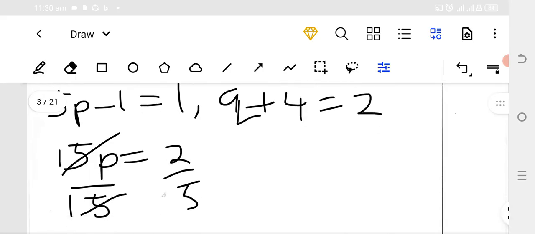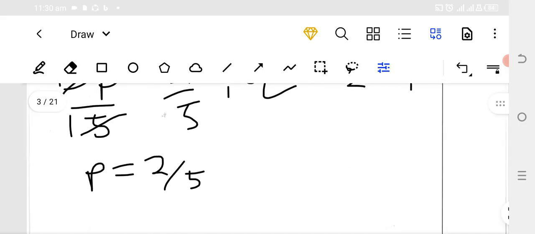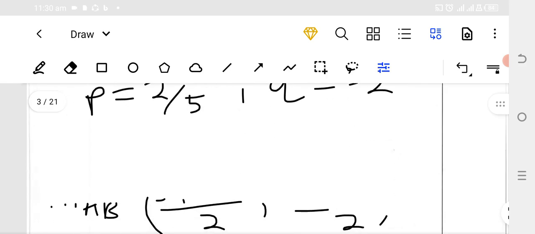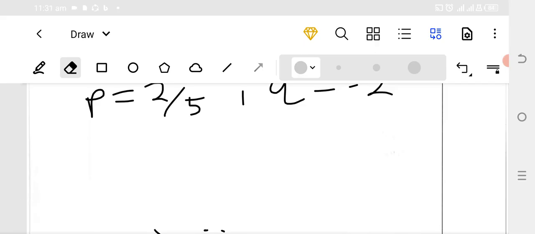As you can see, if you take the 4 to the other side of the equation to become 2 minus 4, Q is equal to negative 2. After you reach here, we simplify.